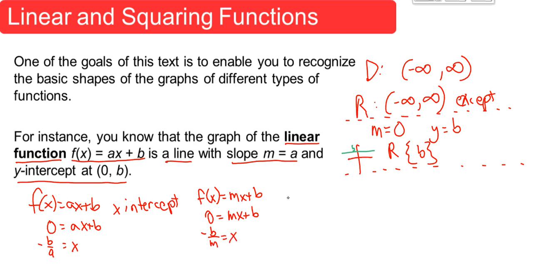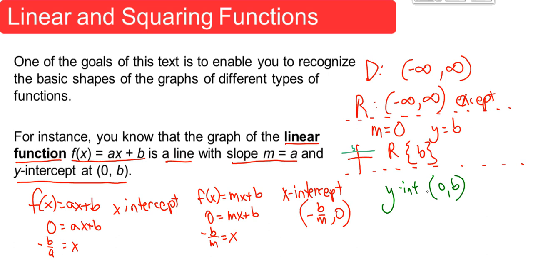So we can say that the x-intercept of a linear equation is (negative b divided by m, 0). You don't always have to remember that, but it is another method, because it's not that hard to find the x-intercept. And we know that the y-intercept is (0, b).